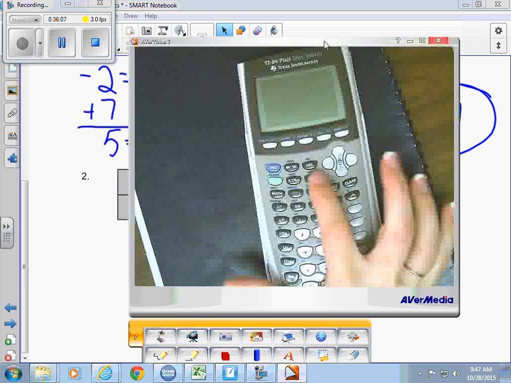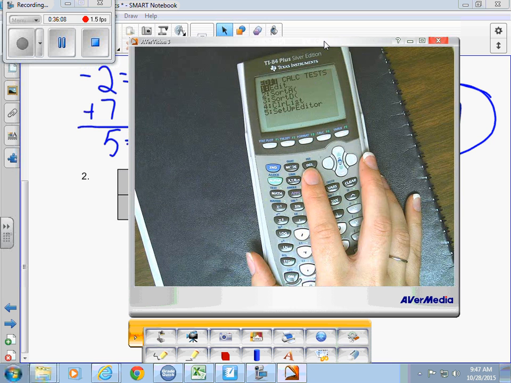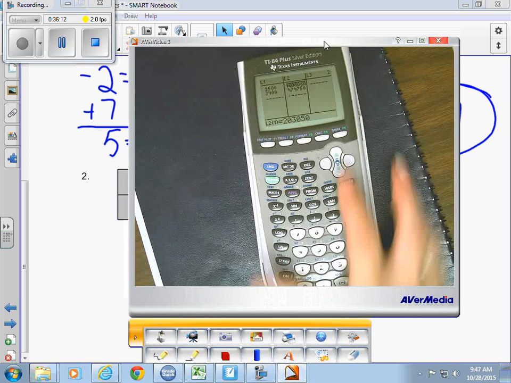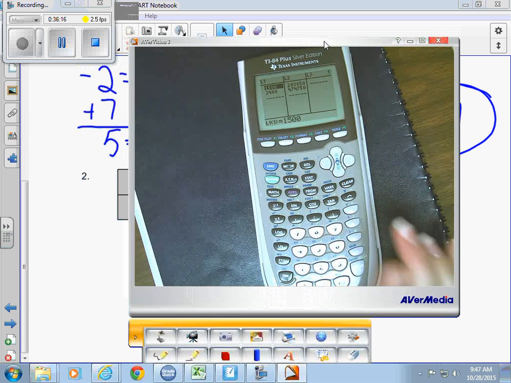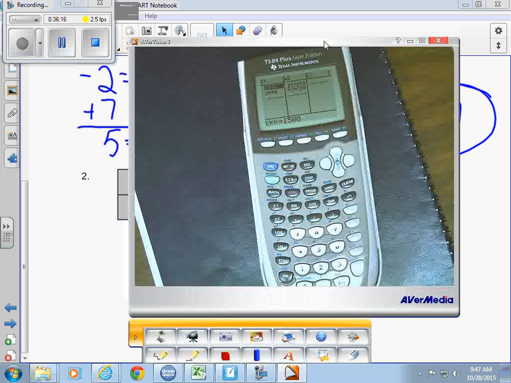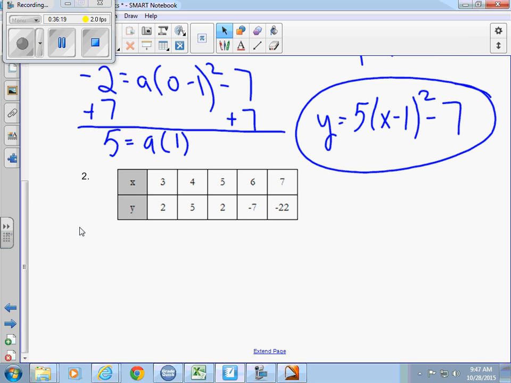If you will, go to stat and edit and type in the data in L1 and L2. I'm going to move my calculator out of the way so you can see the data. We'll do number 2 in the calculator. I'll show you how that could work. 3, 4, 5, 6, and 7.